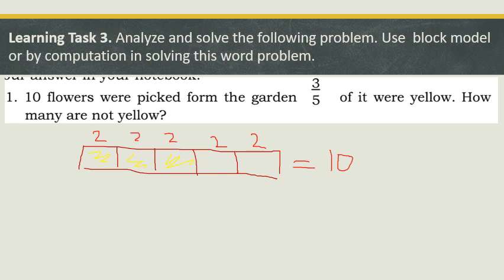So, kung tig-2 kada isang box, ang yellow flowers ay 6. So, we have 6 yellow flowers. Ang tanong kasi yung hindi yellow, ito yung dalawang to. Okay, so ilan po ang hindi yellow? So, 4 flowers. Ito po ang hindi yellow.